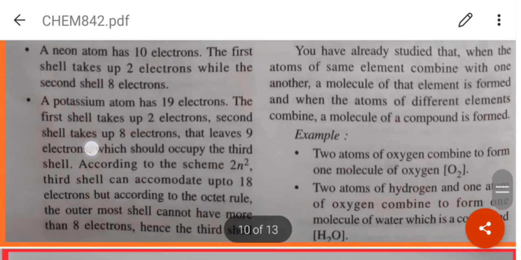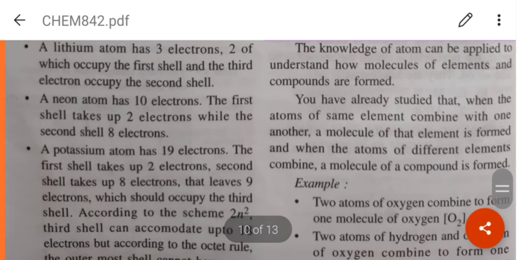Let's take the example of potassium. It has 19 electrons. In the K shell there will be 2 electrons. In the L shell, or the second shell, it will have 8 electrons. So how many are left? 9 electrons. But the M shell, or the third shell, cannot have 9 electrons, because the maximum number of electrons in the outermost shell can be 8.